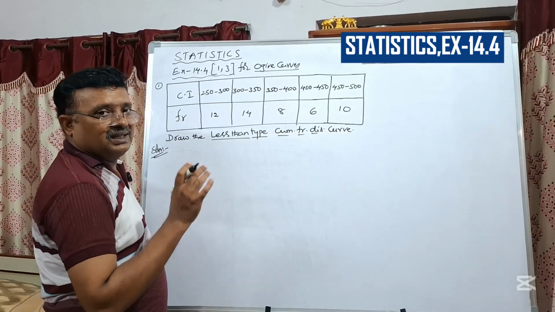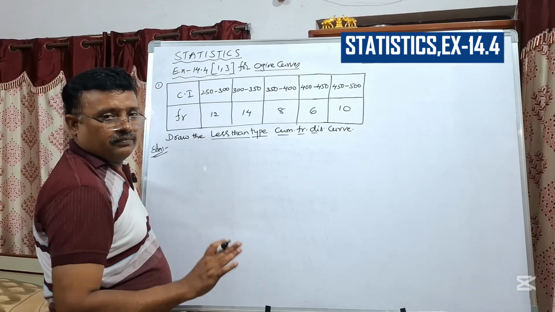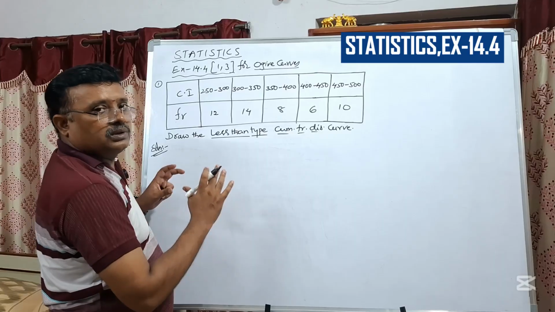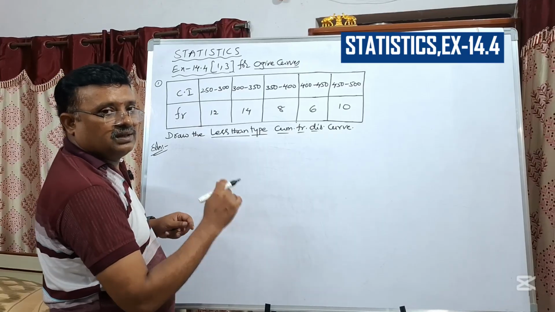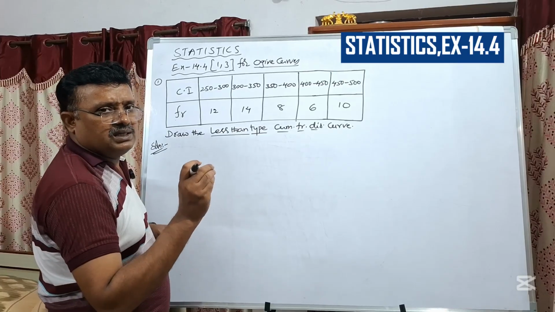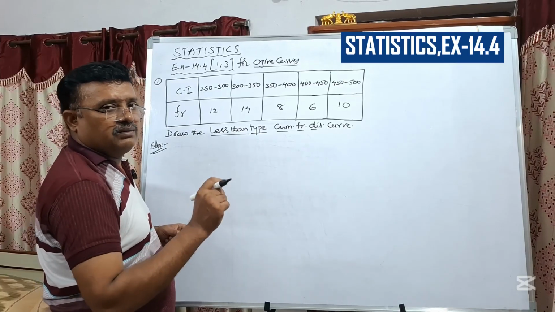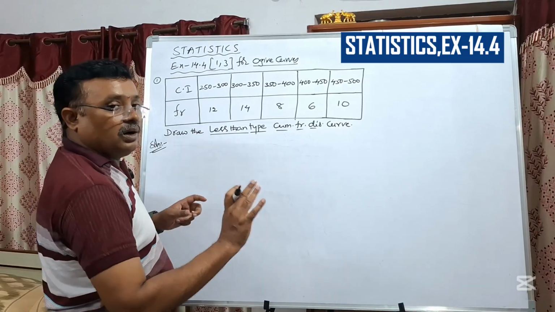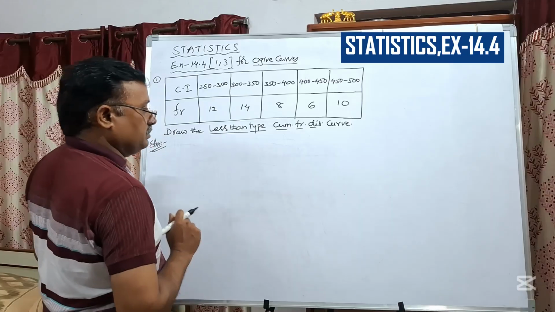Means they are asking for the LCF ogive curve. As I told you before, this is how to convert it into graphical representation. It is a very simple process, but very important for public examination models. Let us observe how to solve this one.